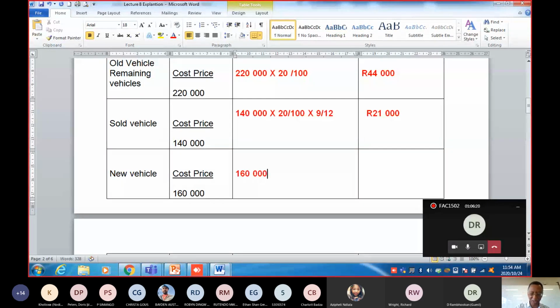We still depreciate by 20%, times 20 divided by 100. But this asset was purchased on the 1st of July and we owned it for 6 months. So you must provide for depreciation only for 6 months, and the depreciation on the new asset will therefore be 16,000 rand.